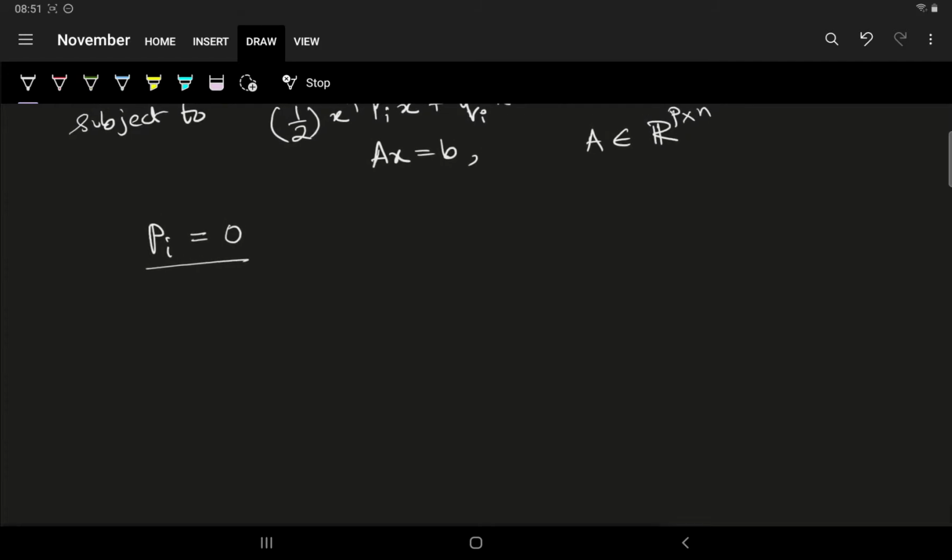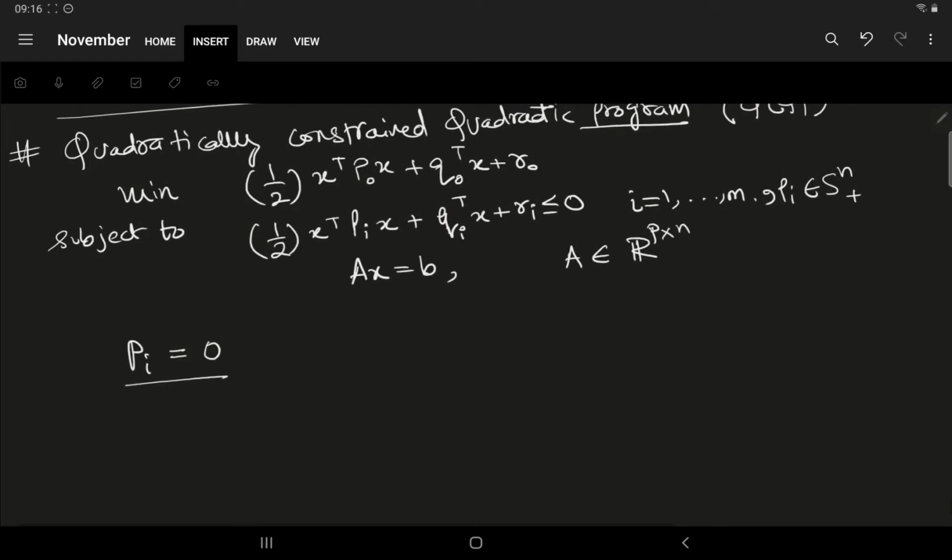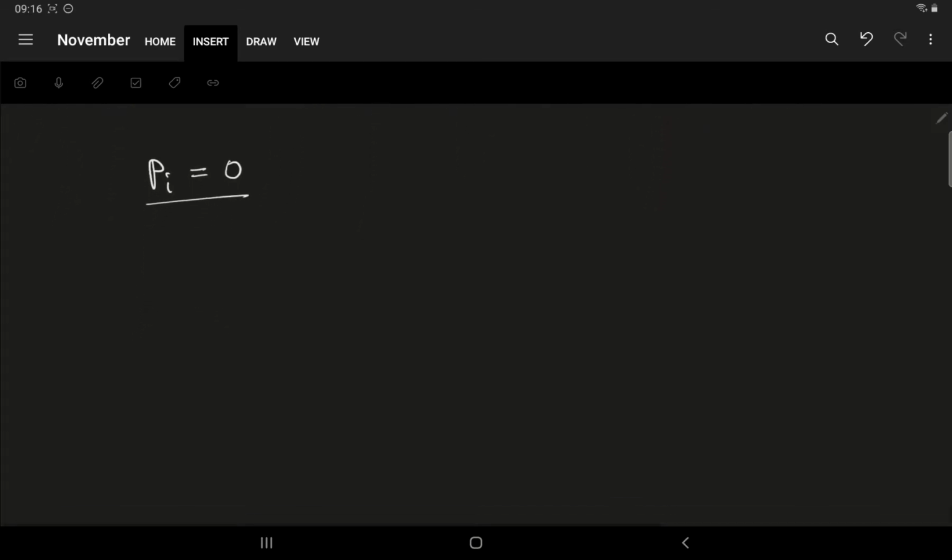So the quadratic program is a special case of the quadratically constrained quadratic program, and linear programs are a special case of quadratic programs where P is equal to 0. We will now look at some examples.